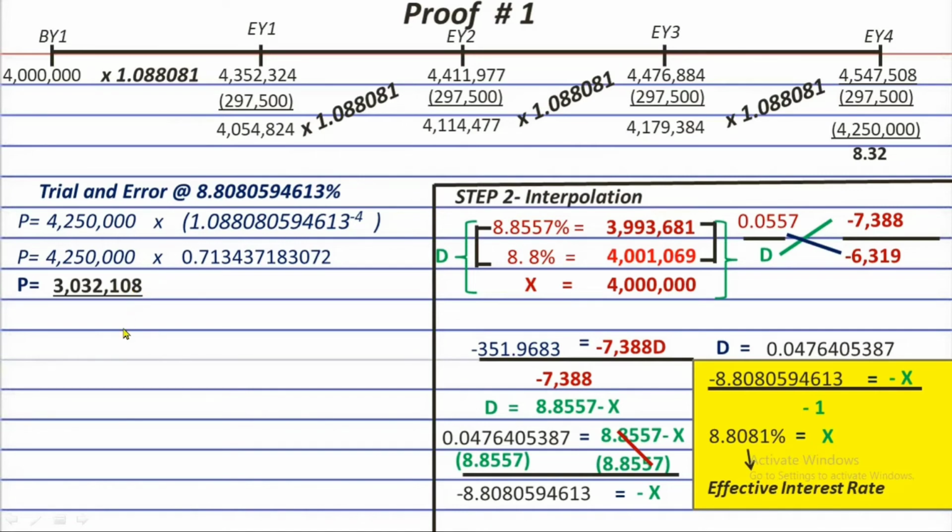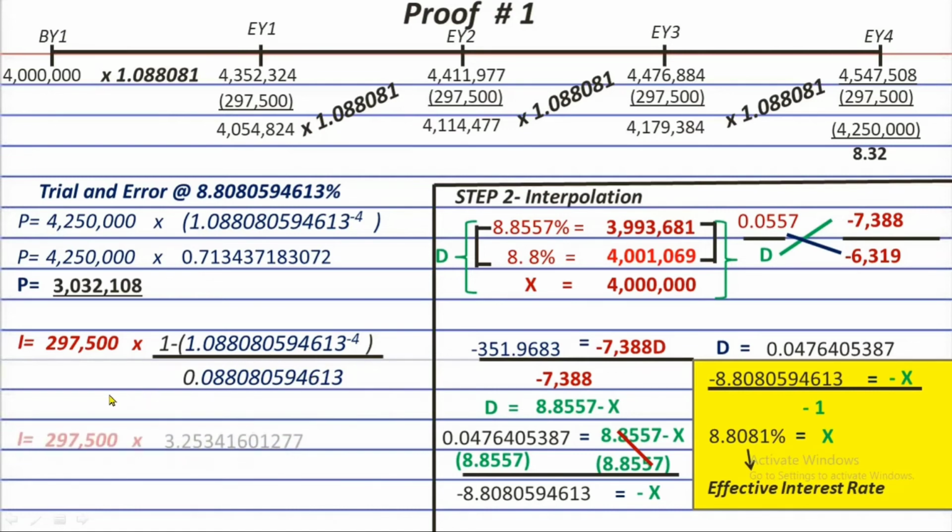Now, let's go to the interest. So we have 297,500 times 1 minus 1.088080594613 raised to the power of negative 4, of course, and divided by the interest rate in decimal form. And we will have 297,500 times 3.25341601,277.